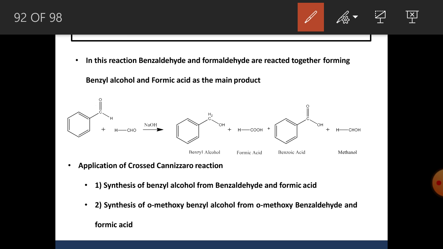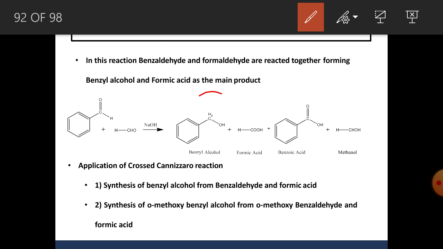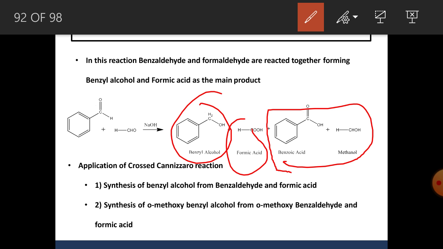Then we add benzaldehyde, and to benzaldehyde we add the H minus ion, and after that one proton. So that structure will convert into benzyl alcohol and formic acid. As a byproduct, a small amount of benzoic acid and methanol can be formed.